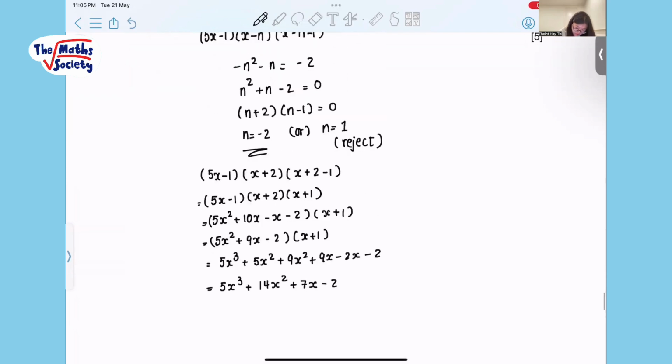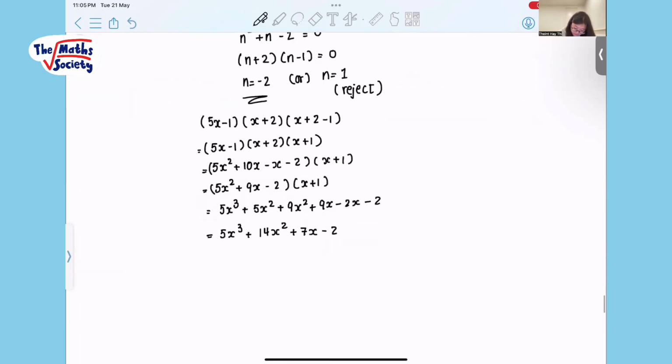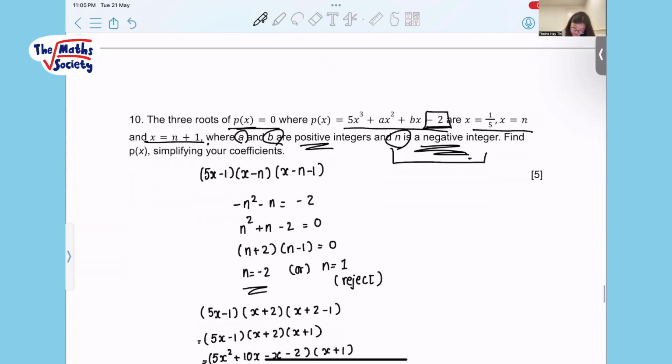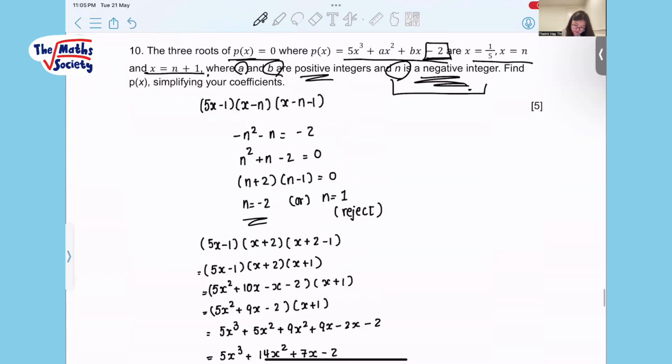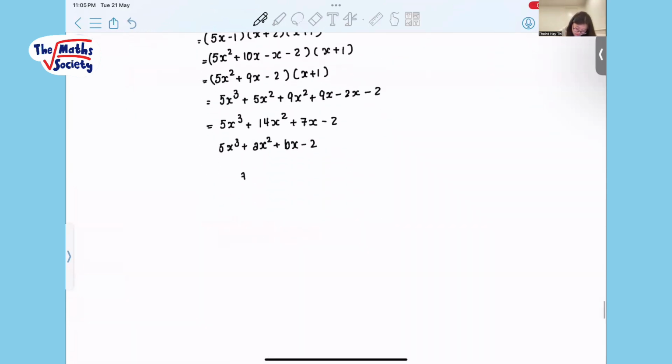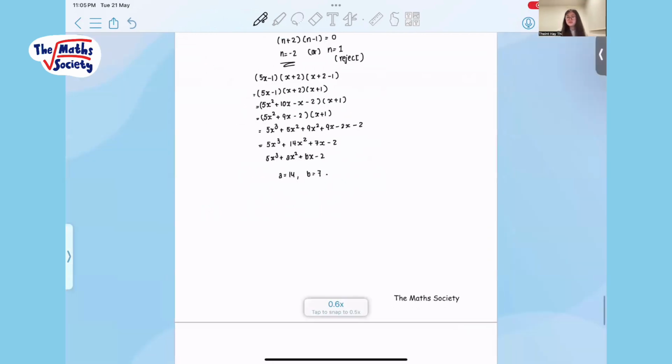And then we just need to write it in the form back, which is going to be like 5x cubed plus ax squared plus bx minus 2. So now we know that we just need the answer for a and b, which are positive integers. So it's going to be like a equals 14 and b is equal to 7. Yep, and that's it for today's video.